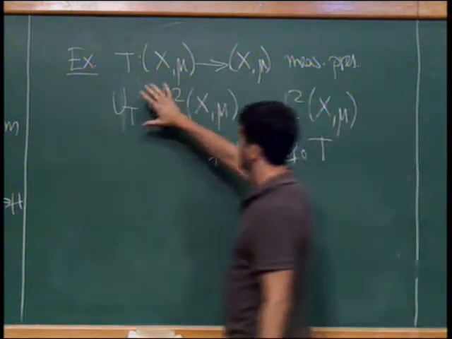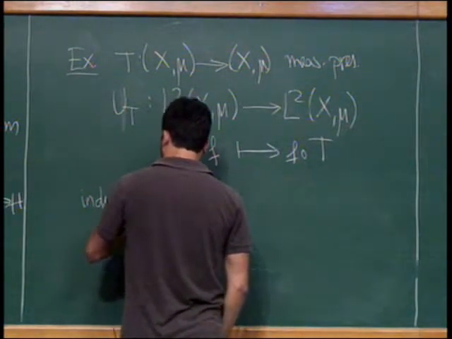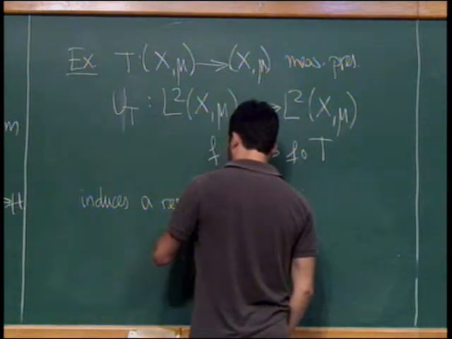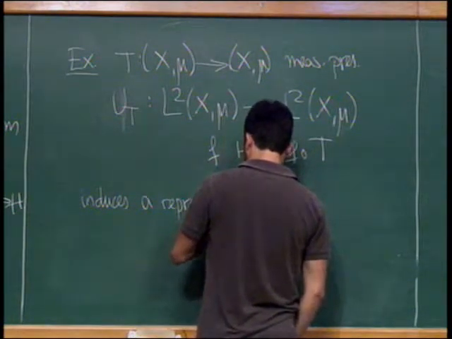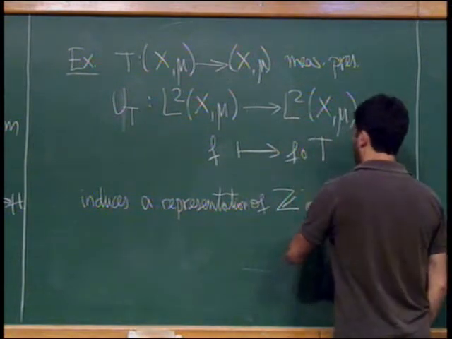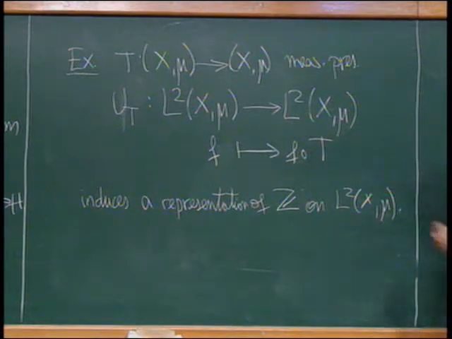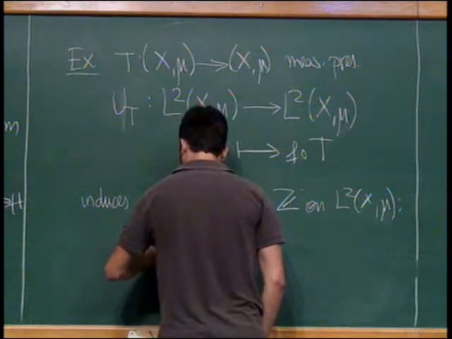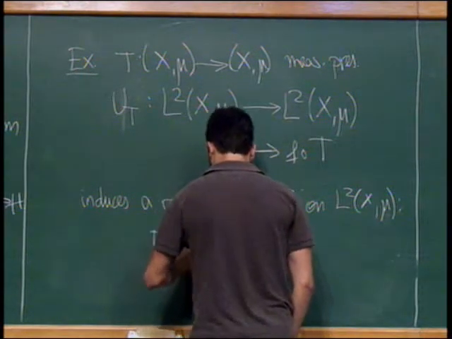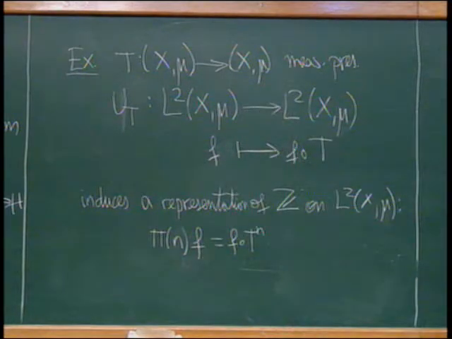And this induces a representation of Z on this Hilbert space. Okay? How? Well, pi_n of a function f is f composed with T to the n. Okay? So we have seen representations before.